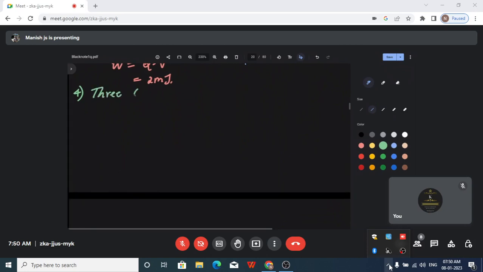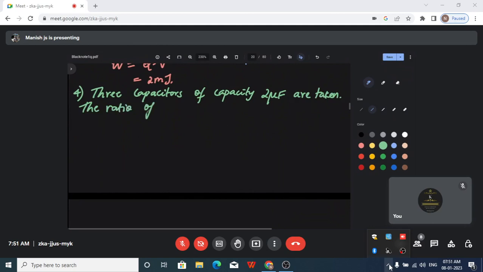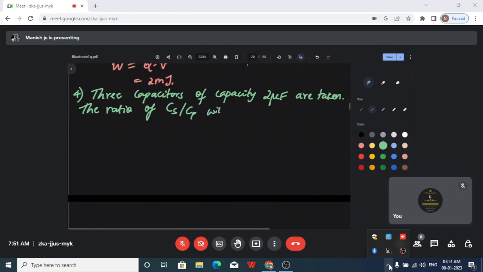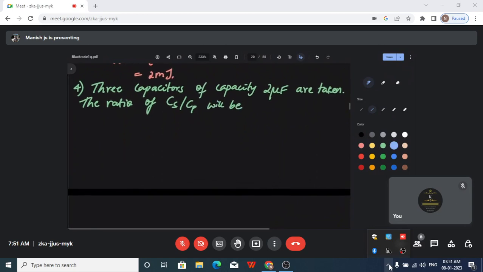Three capacitors of capacity 2 microfarad are taken. The ratio of CS upon CP will be, options.